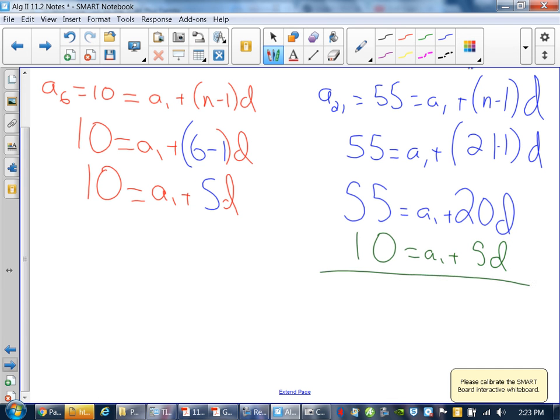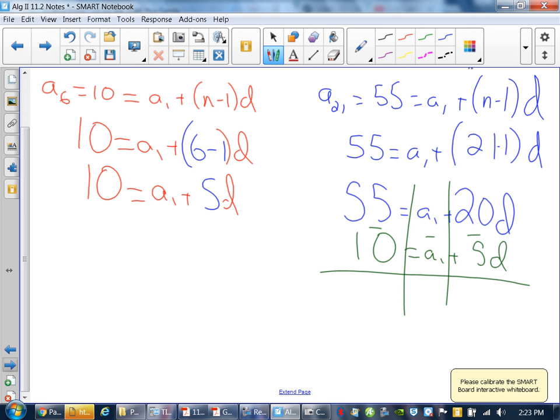What do I do to eliminate the first term? Subtract. Yeah, subtract them. We're solving for both the first term and the common difference. But in this case here, I can eliminate the first term by using the system of equations. And throw it back in, yeah.